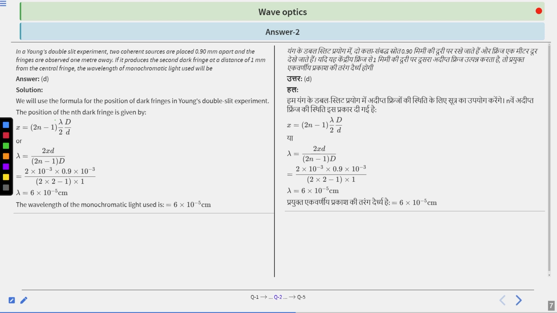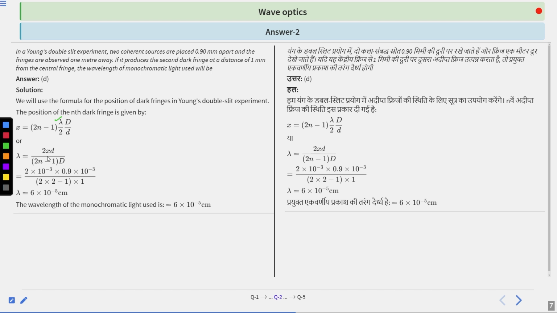We have to find lambda. Using simple mathematical calculation, lambda is equal to 2xd divided by (2n minus 1) multiplied by D. Now put in the values of all the given terms.